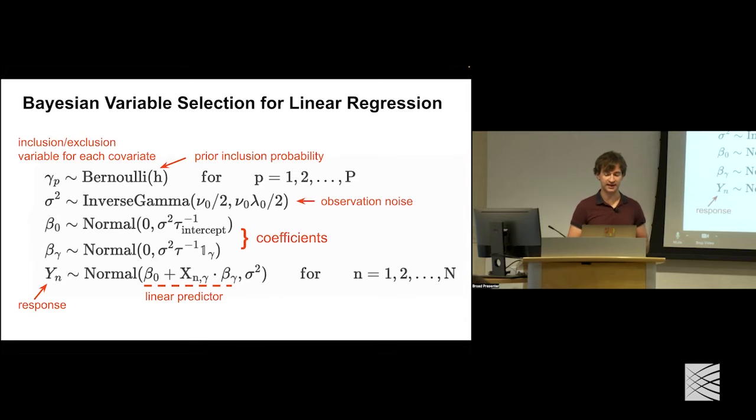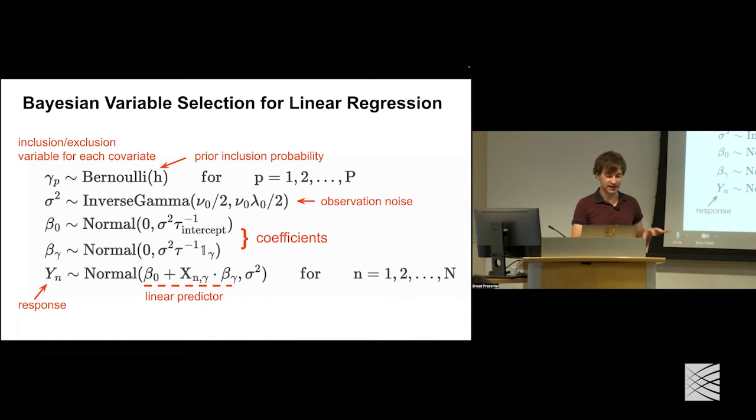So if you imagine that you have, let's say, 1,000 covariates, P is 1,000, and you make H equal to, let's say, 0.01, then that says that the expected number of covariates that you would include in your model a priori is equal to H times P, which in this case would be 10, right? So that isn't saying that we're only looking at models that have exactly 10 covariates, but that is how you would interpret the level of regularization that H is setting on our model space.